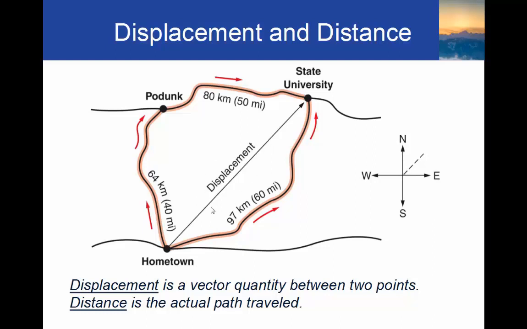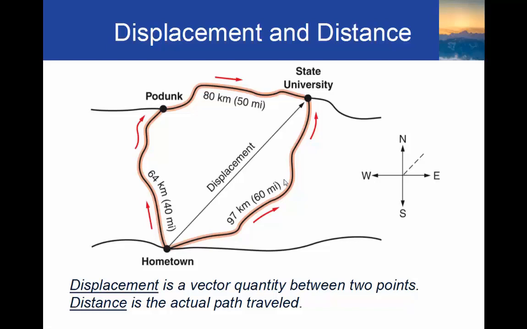So that's displacement. If you want the distance, then you basically have to measure out how far this path length actually is. So this would be equivalent to looking at the odometer when you started and looking at the odometer when you stopped and seeing how many miles were added to the odometer. Assuming, of course, that you don't pull off or anything like that.